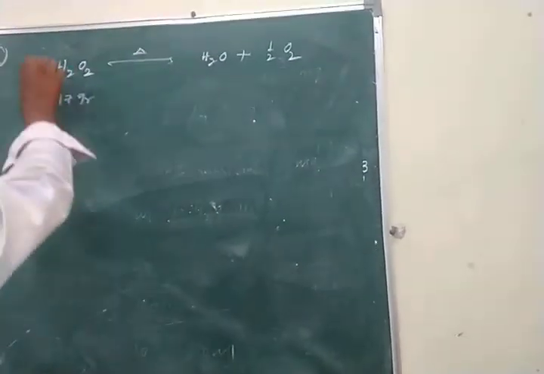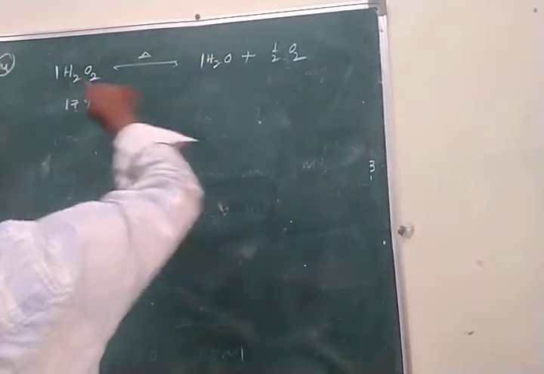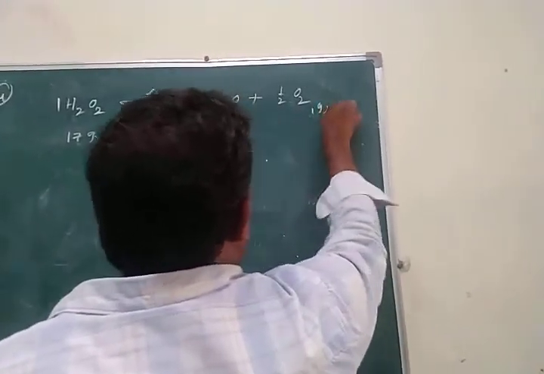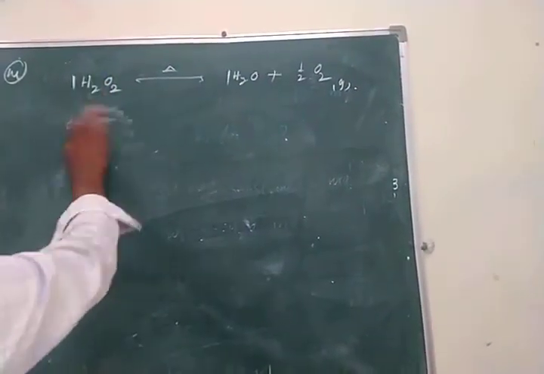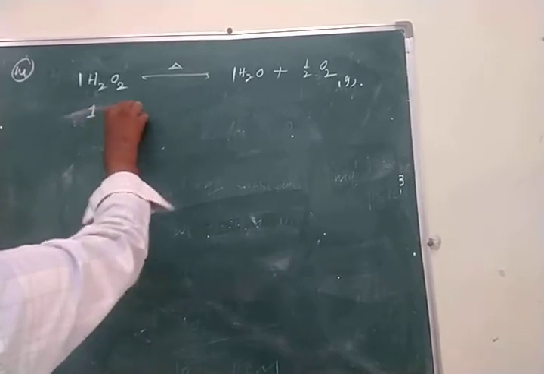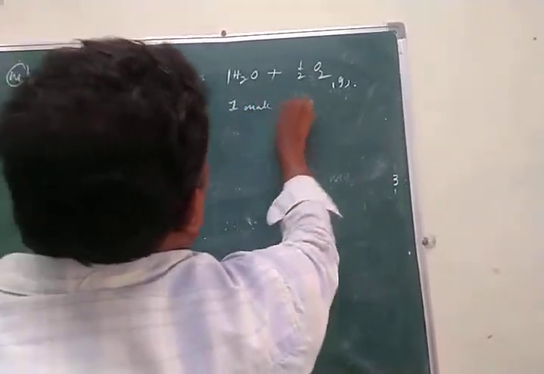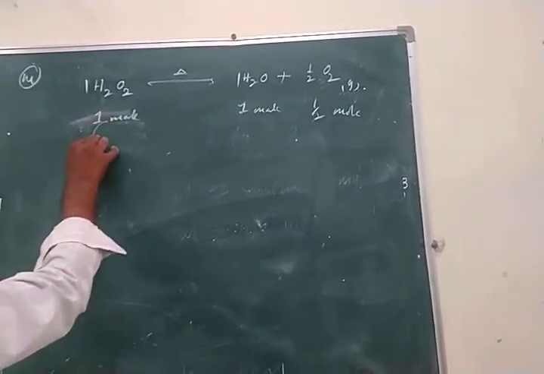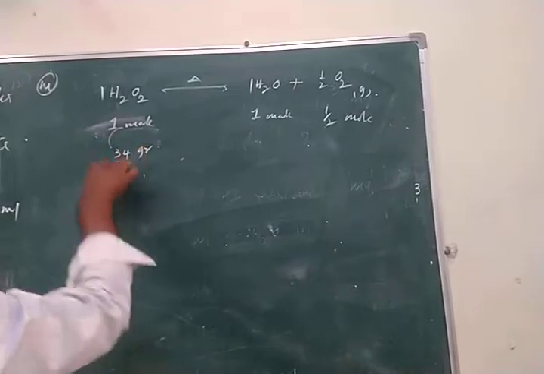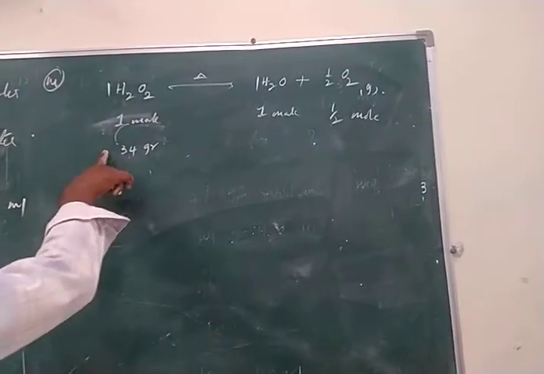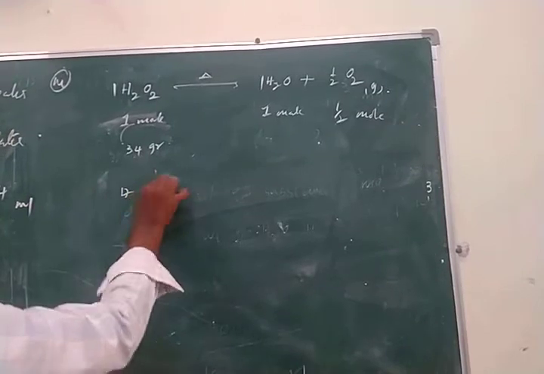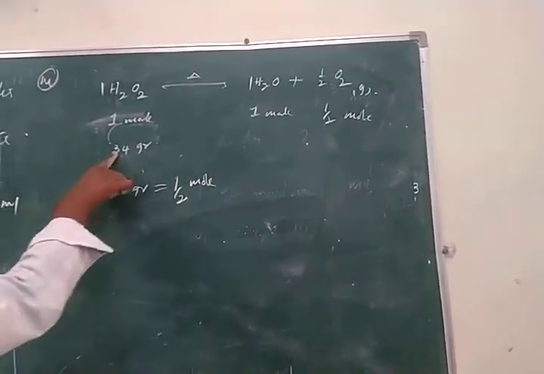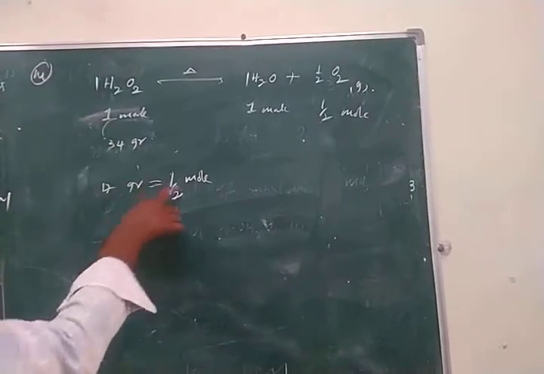1 mole of H2O2 decomposition gives 1 mole of water and half mole of O2 gas. 34 grams equals 1 mole, but in the question they have given only 17 grams, which equals half mole.